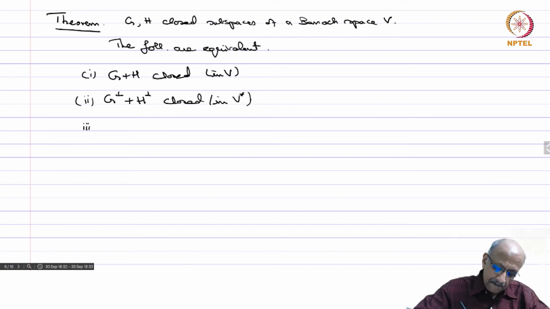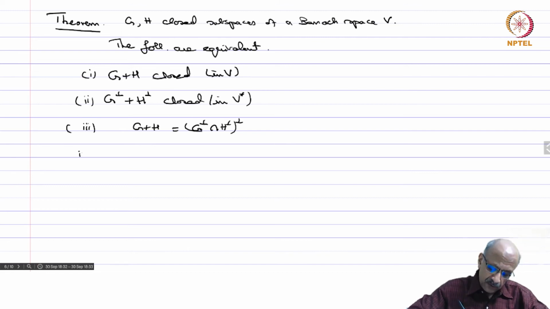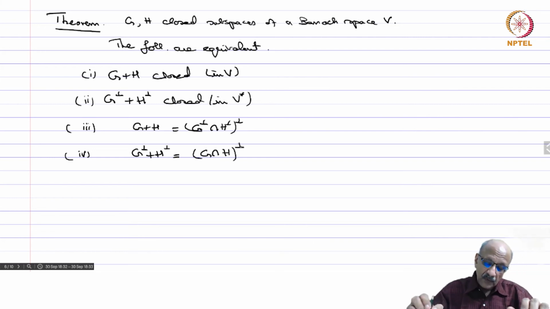Three, G plus H equals G perp intersection H perp, perp, and four, G perp plus H perp equals G intersection H, perp. So these four are equivalent.